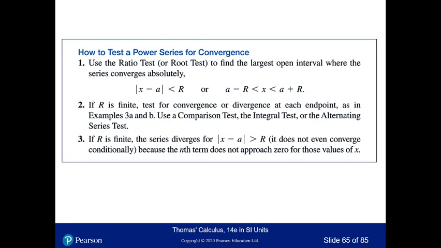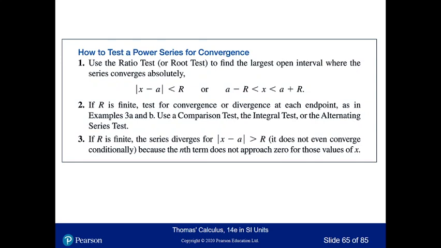And if R is finite, which means radius of convergence is finite, test for convergence or divergence at each endpoint. We have to test it at each endpoint. Okay, we have to do it separately. We can use a comparison test, integral test, alternating series test to do that.